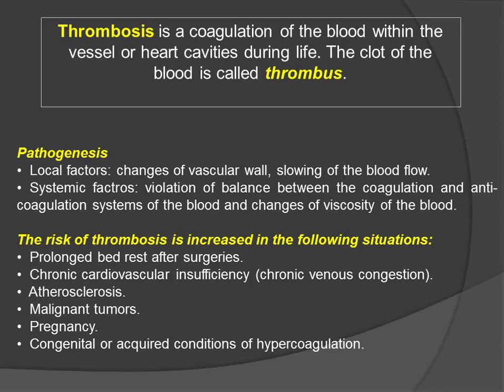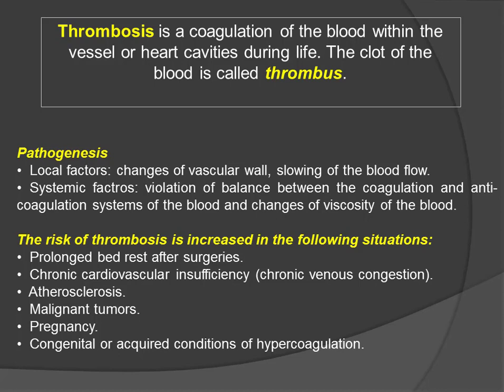Thrombogenesis. Local factors are the changes in the endothelial cells of the vascular wall, slowing and disruption of the blood flow. General factors are the imbalance between coagulation and anticoagulation systems of the blood, changes of the blood composition, and increased viscosity.